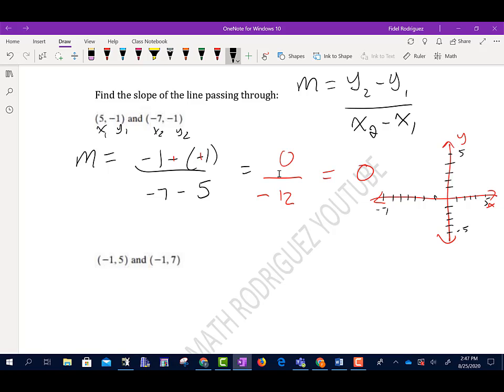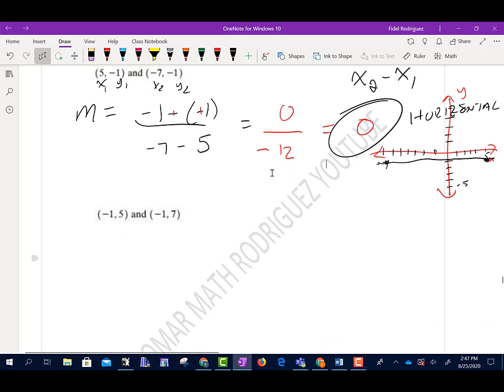The first point, 5, negative 1, is down here. The other one, 7, negative 1, is down here. Look at that line. That's a horizontal line, isn't it? So that line is not going up, so it's not going to be positive. It's not going down, so it's not going to be negative. That's why we got a slope of 0.